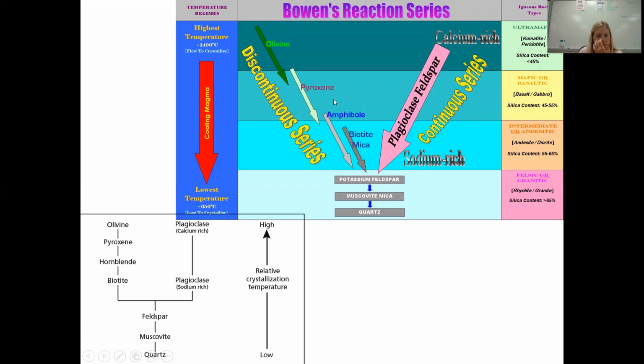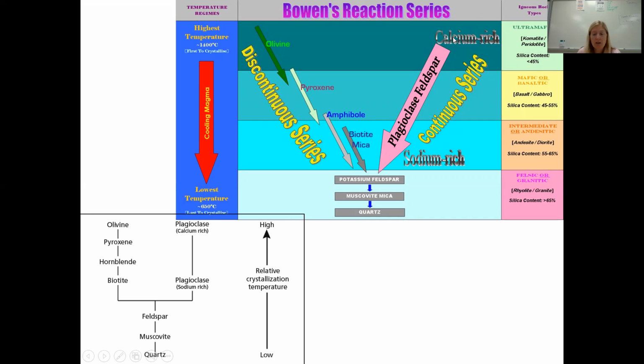And on the discontinuous series side, we've got these totally separate minerals.